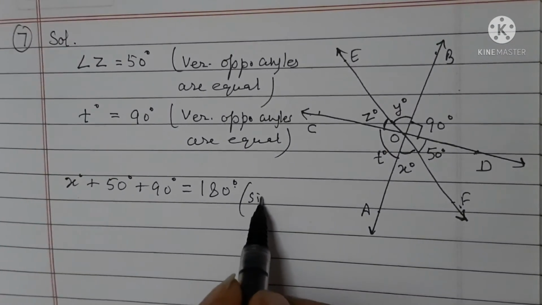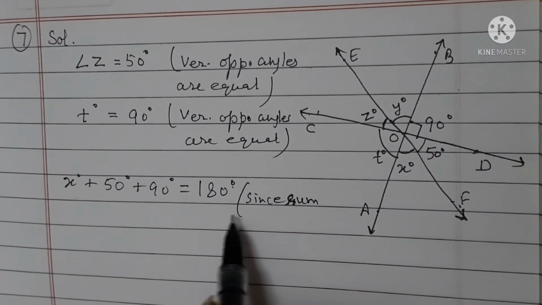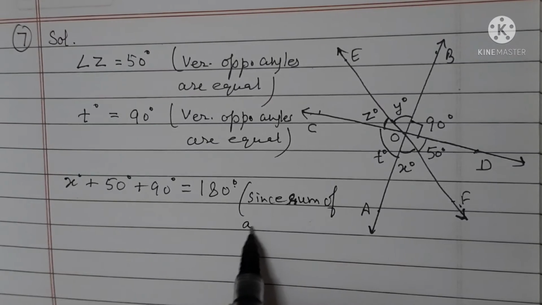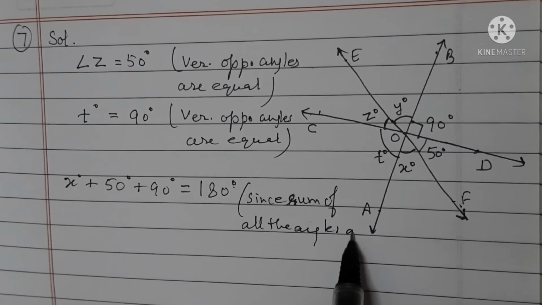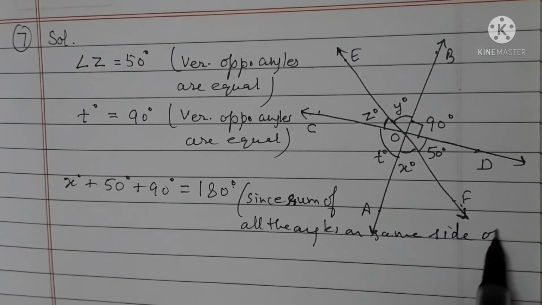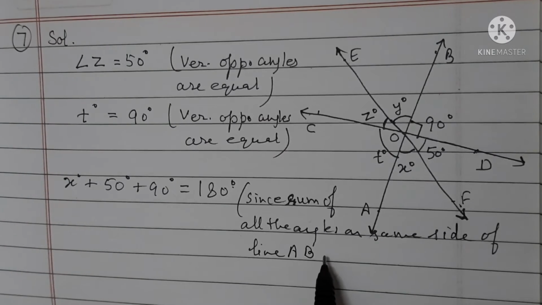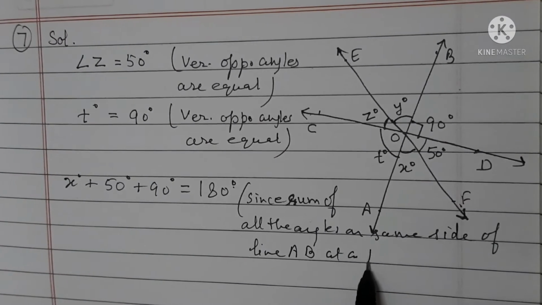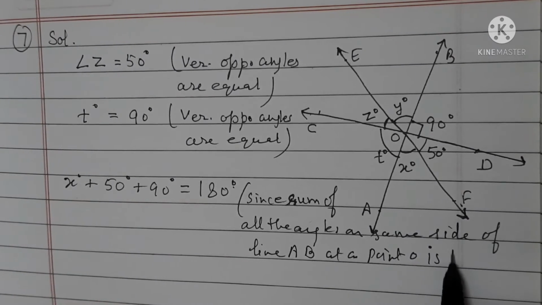Write the reason: since the sum of all the angles on the same side of line AB at a point O is 180 degrees.